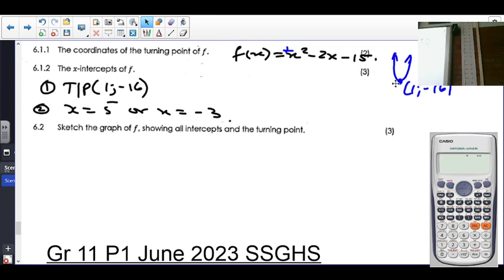Okay. So remember, in our mind's eye, the graph is smiling. Okay, this is 6.2. The graph is smiling. Is it 6.2?